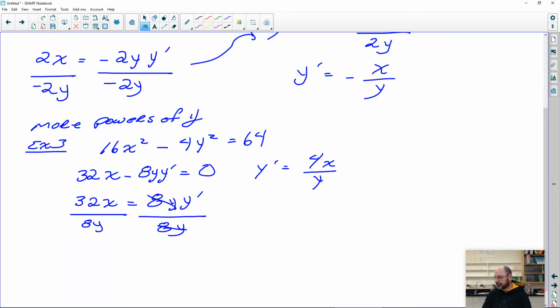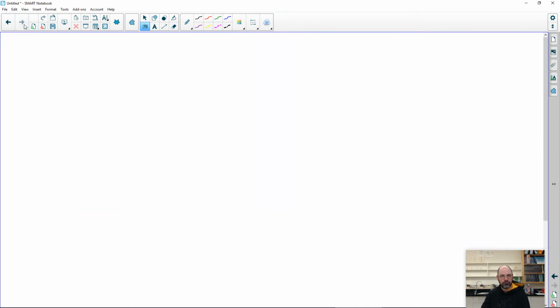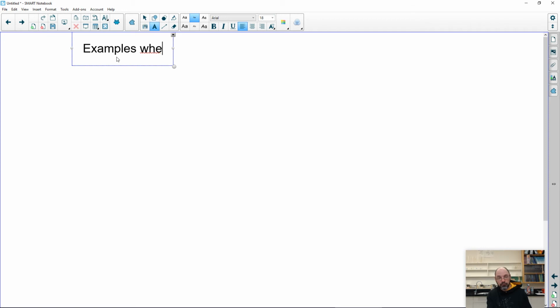Okay, so let me find one here. Let's do a very, very simple one first of all. So in these ones, we're going to be looking at examples where x and y's are multiplied.